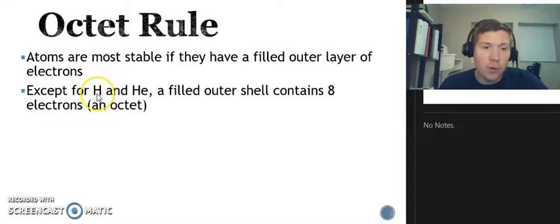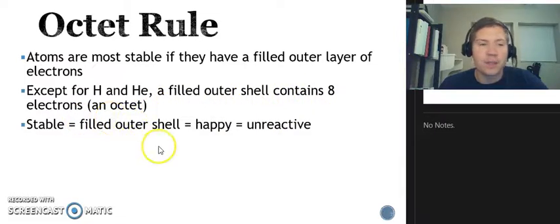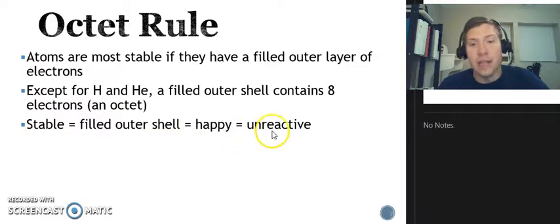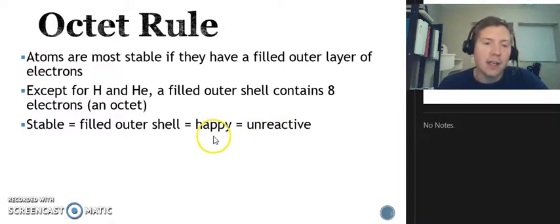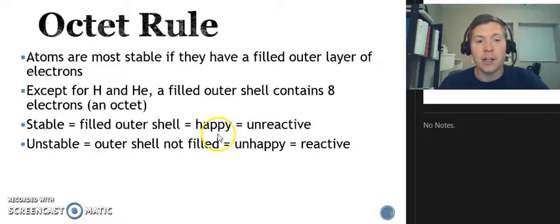So except for hydrogen and helium and some of the other really, really light elements, a filled outer shell contains 8 electrons. So when an atom has 8 in its outer shell, like I said, we tend to say it's stable, or it's not reactive, or it's happy, meaning it's reached its goal and now it doesn't want to react. It doesn't want to get electrons, it doesn't want to lose any. If it doesn't have 8, that means it does want to react. It wants to get electrons or lose them.